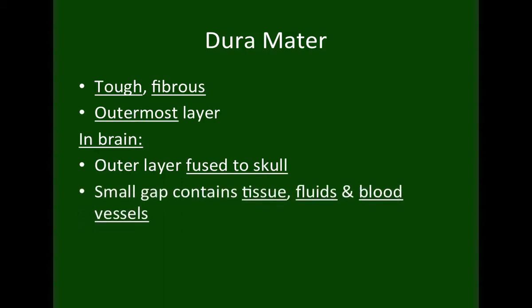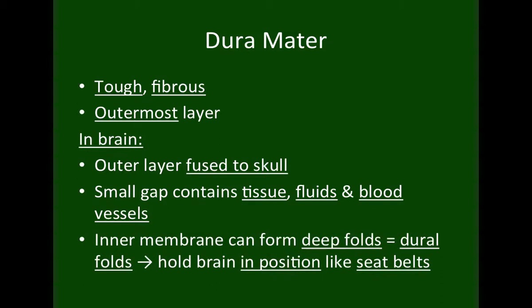Underneath this layer, there's a small gap that contains tissue, fluids, and blood vessels. And then the bottom is an inner membrane that forms folds called dural folds that help to hold the brain in position like a seatbelt does. Because the outer layer is anchored and can't swish around, it really helps those dural folds hold that brain in place.